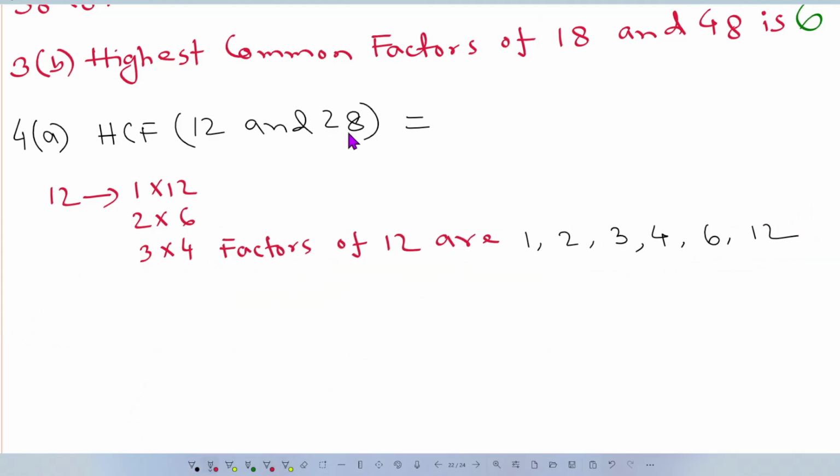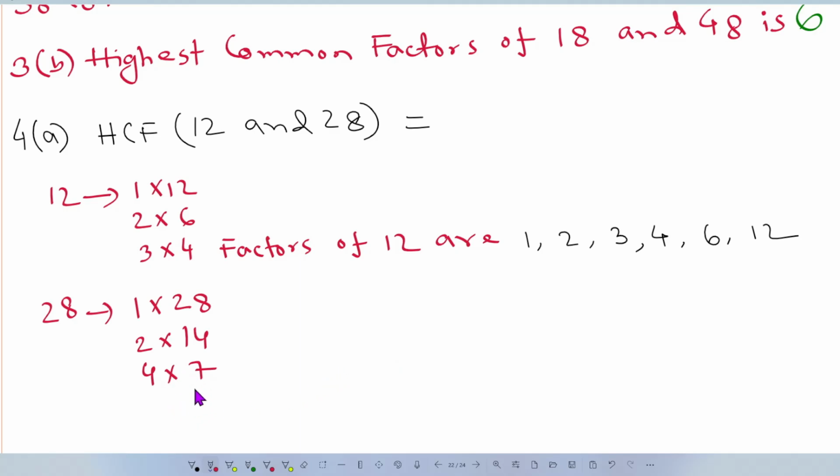Now we will find out 28. 28, this one we can write 1 times 28. Then 2 times 14. 3 is not possible. 4 times 7. Right?